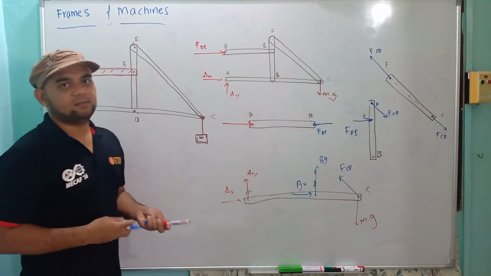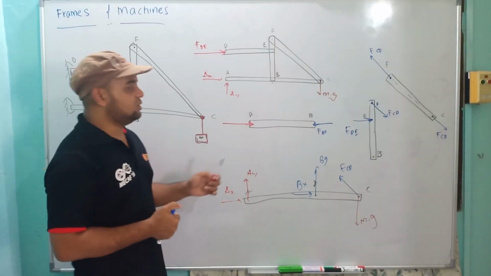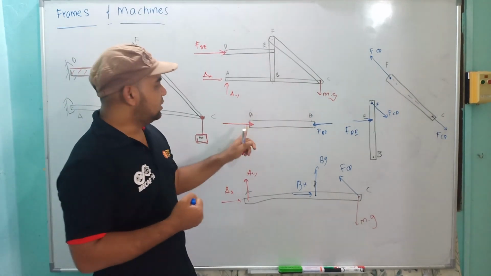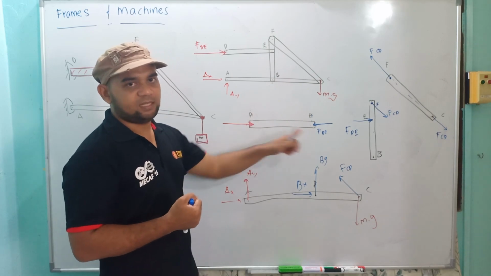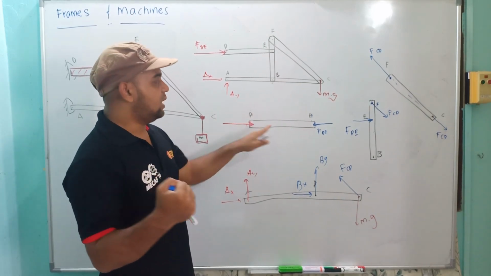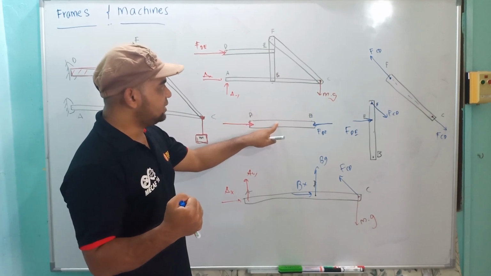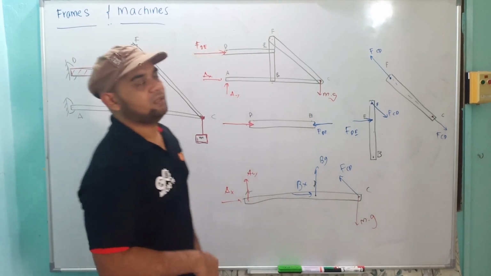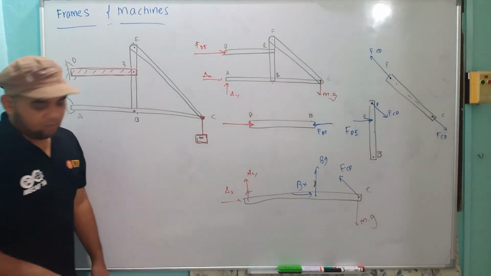You can do that. If you do that, you are considering this part is in compression. These 2 points must always be in opposite directions, in compression or in tension. Now I'm considering this one in compression. This one I'm considering in tension. Okay, you can do it. No problem. Okay, so that's it.